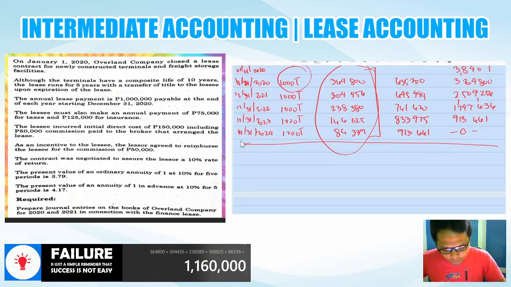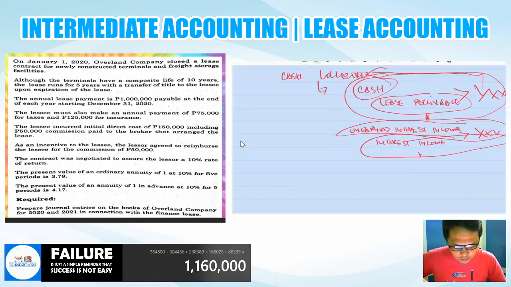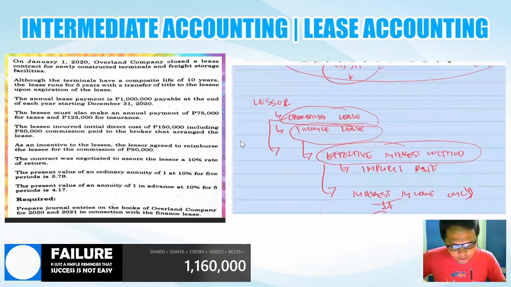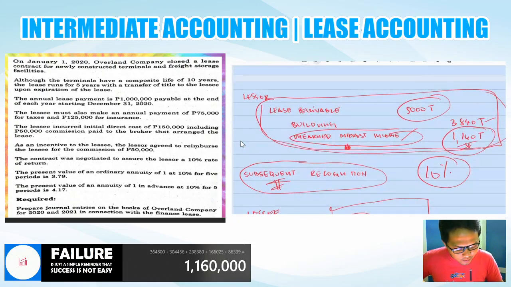So that is 1,160,000. If we look at our original entry, the unearned interest income was recorded at 1,160,000. So, it matches.